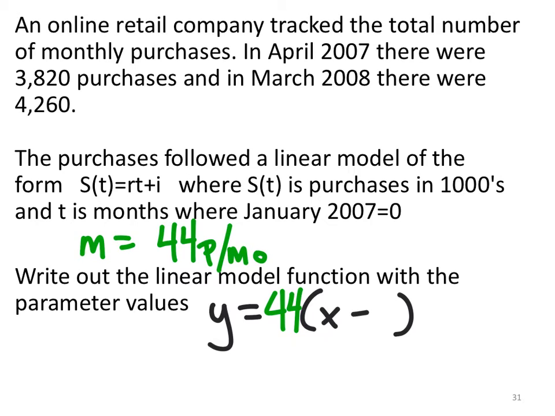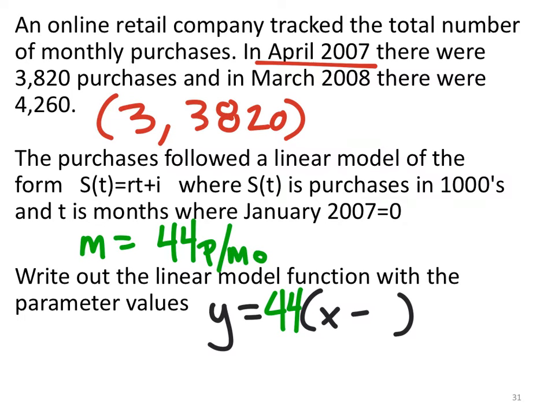And we already showed that April 2007, well, I said it was the 4th month. But the problem with this is January 2007 is the 0th month, which means February is the 1st month, March is the 2nd month, and April is the 3rd month. So it's actually the ordered pair 3, 3,820.